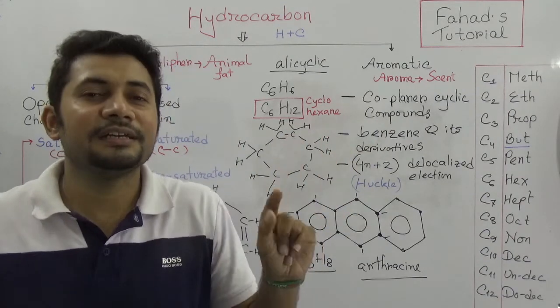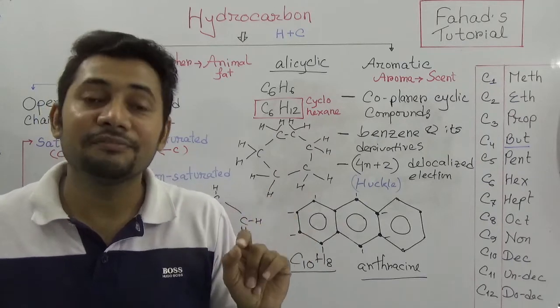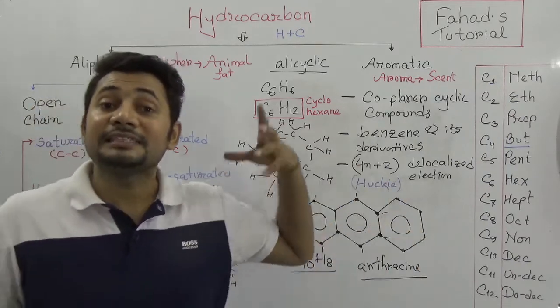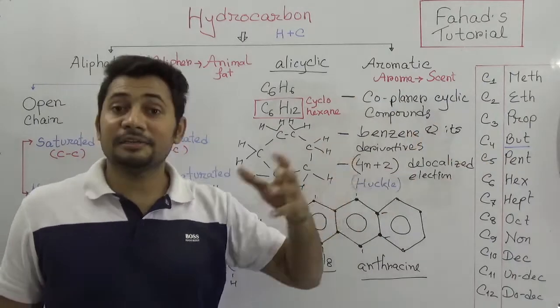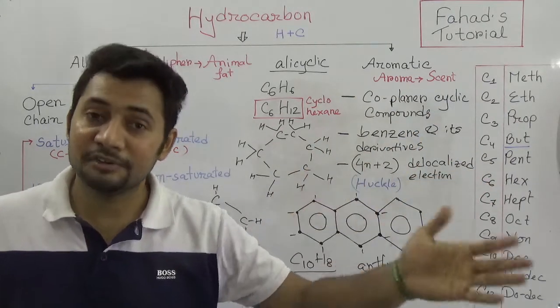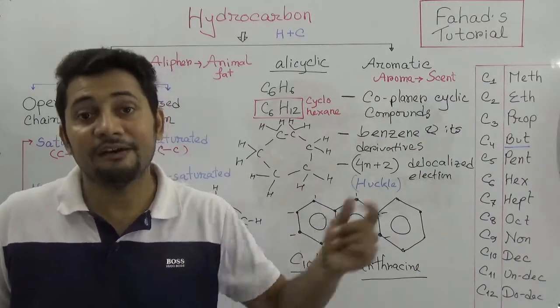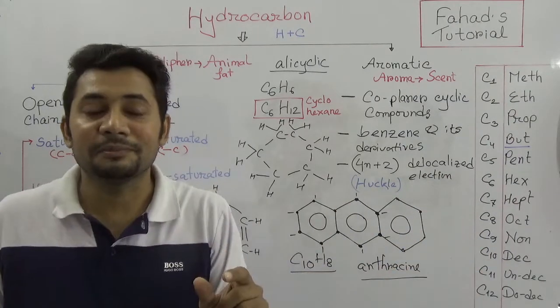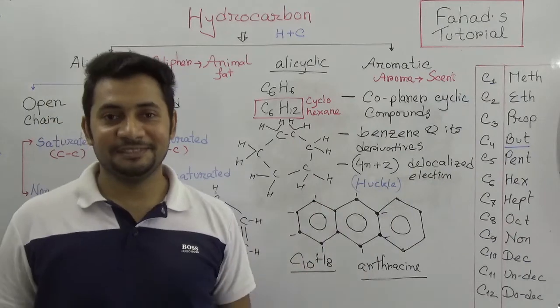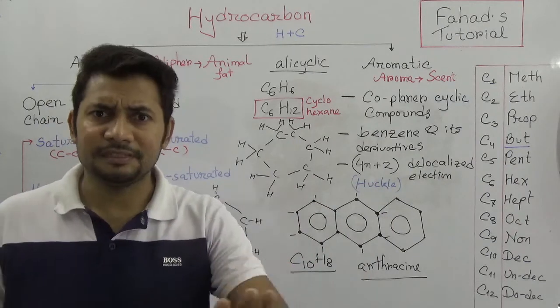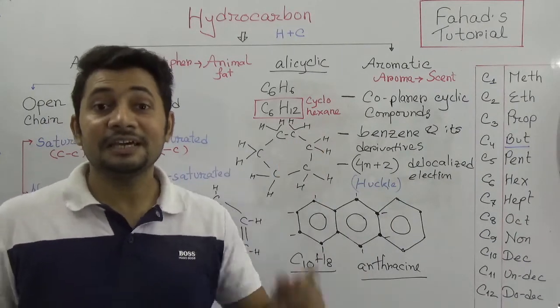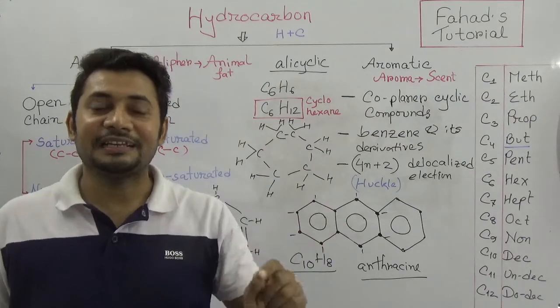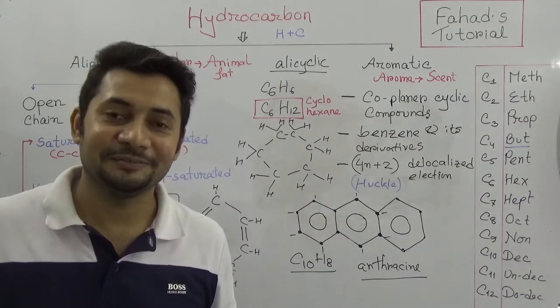And number 11 is undec and 12 is dodec. When there is alkane, carbon-carbon single bond, depending on the number of carbon, we say ane after that, double bond ene after that, triple bond yne after that. Okay, I shall come with more explanations accordingly, this individual alkane, alkene, alkyne and alcohol later on.